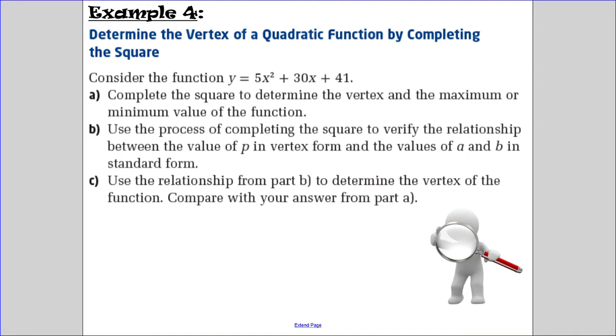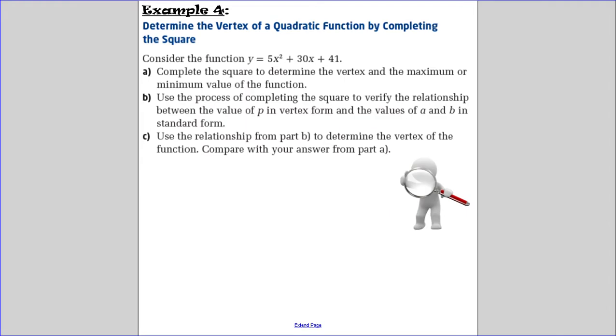Alright, so if we consider the function y is equal to 5x squared plus 30x plus 41, we have a certain number of steps that we need to do when we complete the square. So we're going to go through what we know for our steps on how to solve this. We start off with our function, y is equal to 5x squared plus 30x plus 41.